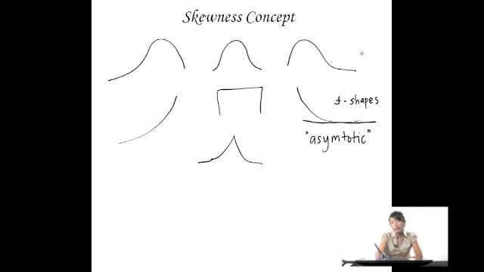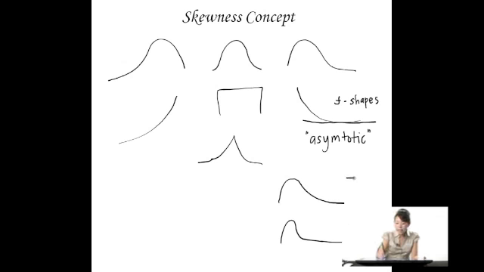Now, it would be nice if we could get a number that would tell us, this is exactly how skewed your distribution is. So a distribution like this might be somewhat skewed, but a distribution like this might be really skewed. So it would be nice if we could say how much more skewed one is than the other. And so skewness, what we're going to calculate, is going to tell us exactly how skewed something is.